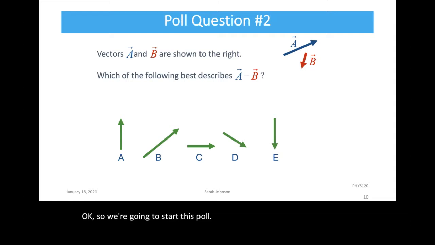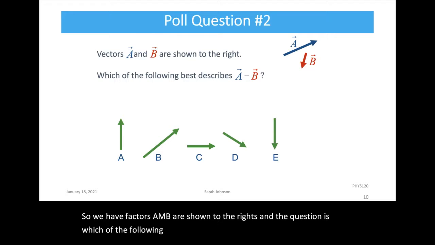So we have vectors A and B shown to the right. And the question is, which of the following vectors I drew below best describes A minus B? Which one is the closest to A minus B?